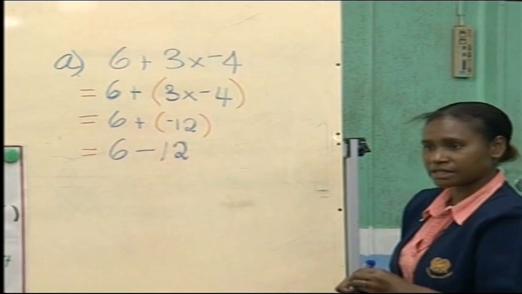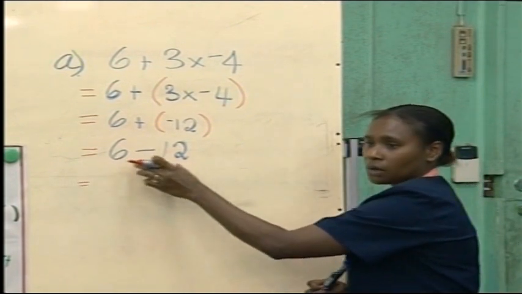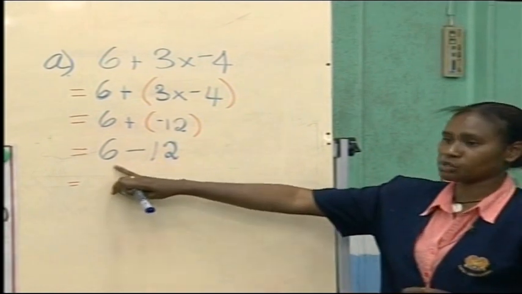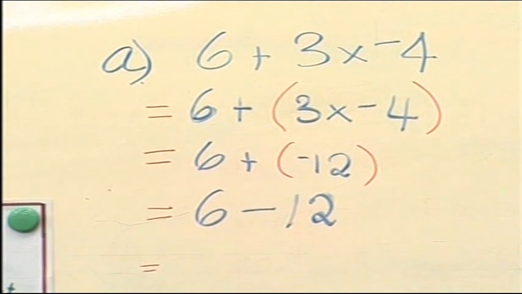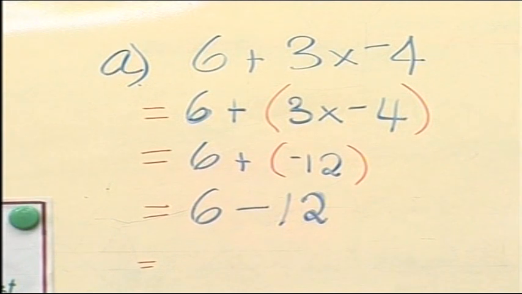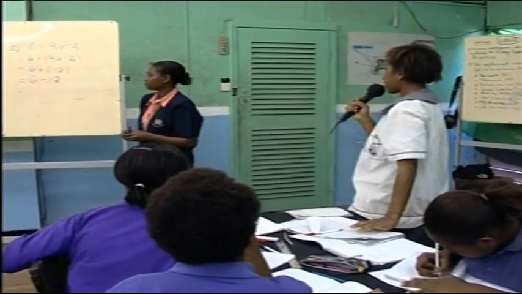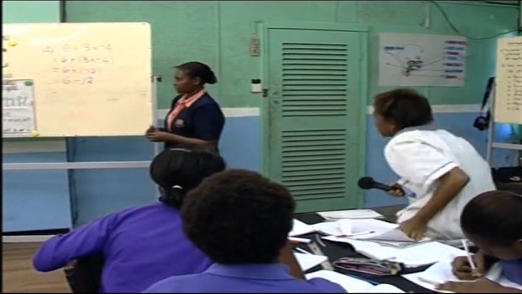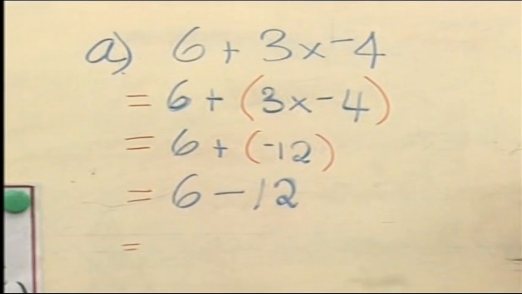Okay, in your previous lesson, you learned something on this type of problem. When you have a smaller number subtracting a bigger number, what do you do? What is the rule there? Can somebody tell us? Evelyn? Give the sign of the bigger number. Give the sign of the bigger number, or we can say add its opposite.